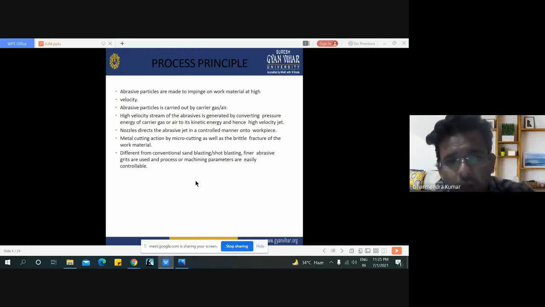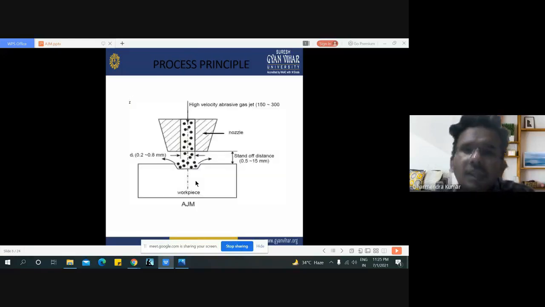It is different from the conventional blasting process. Finer abrasive grits are used, and the machining parameters are easily controllable by the operator who is operating the machine. This is the process principle.